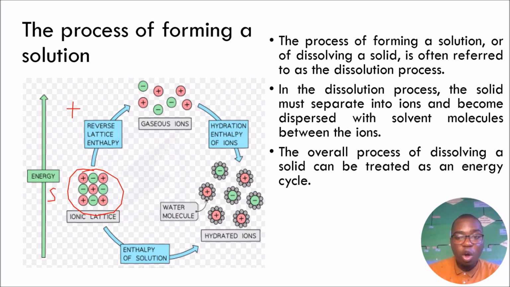However, in all calculations, lattice energy is considered to be negative. From these gaseous ions, if we add water to become hydrated ions, then we are dealing with the enthalpy of hydration. If from the solid we add water, then we have an enthalpy of solution. This understanding is going to be very important in our calculations.